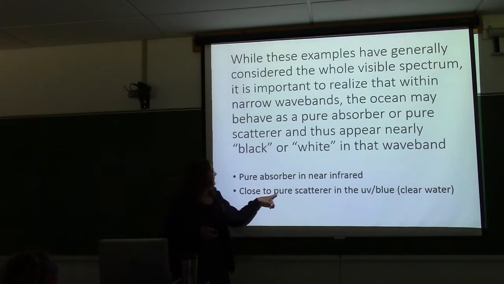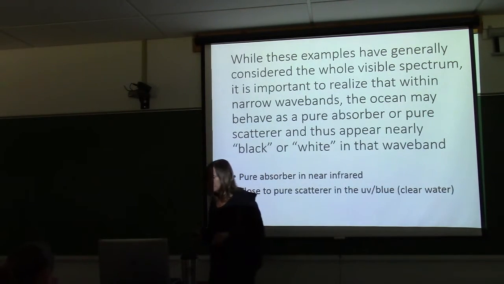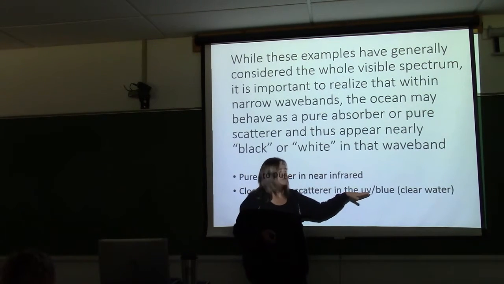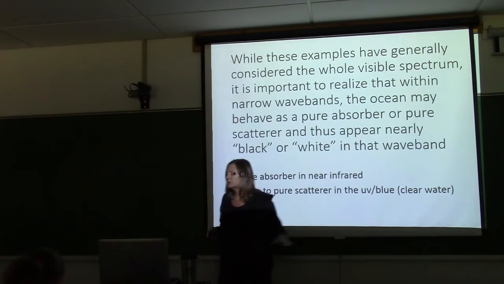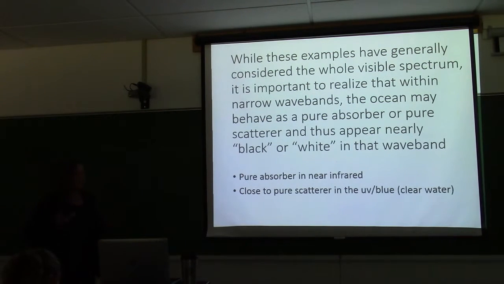Similarly, in clear ocean waters, you can think about absorption being very, very low in the blue because the only thing that's really in the water is water, and water has a very low absorption coefficient in the blue. And so all the light that you see can be attributed to dominance by scattering in the blue.